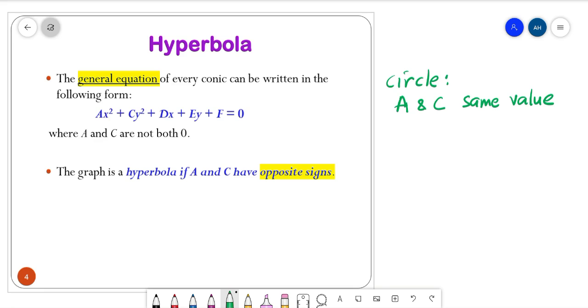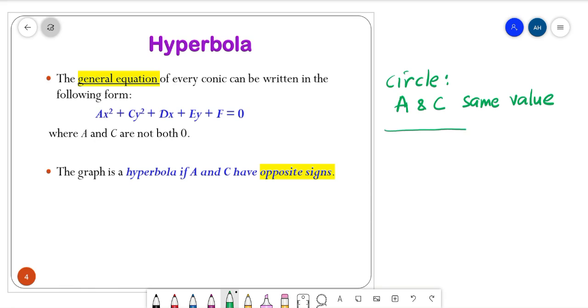That is, if we see the value of a is, for example, 5, c also equals 5. Regardless of the values of d, e, and f, we know that this equation represents a circle. How can we say that? Because the values of a and c are the same. That's the only indicator from the general equation that it represents a circle. A and c have the same value. Maybe a equals 1, c also equals 1. Then we know this is a circle.